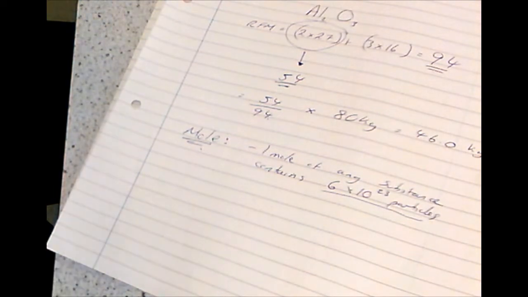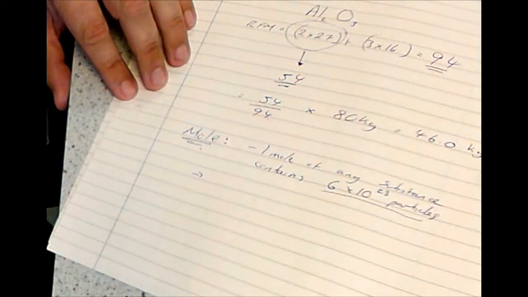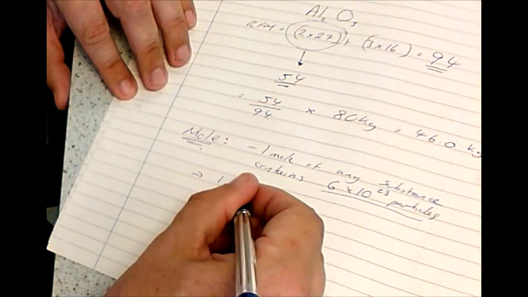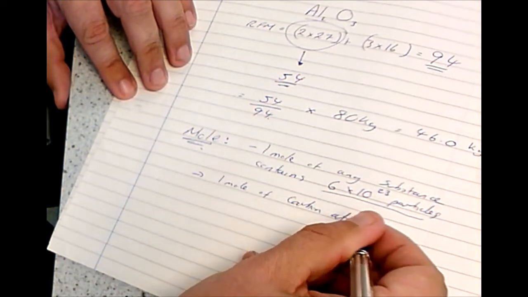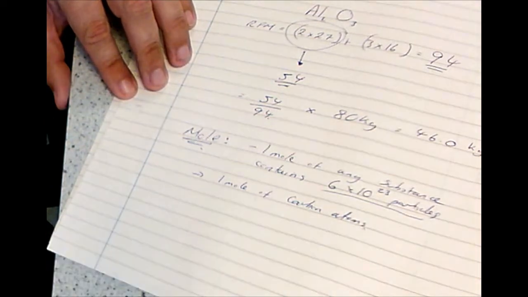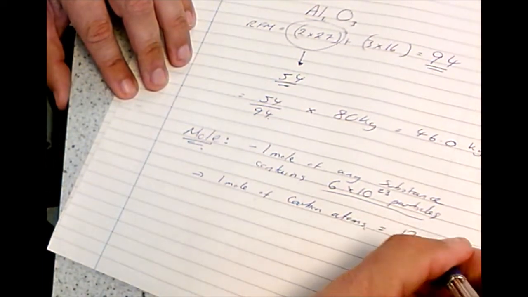Now, okay, it's a definition. It's there, but let's actually use it. Let's see what it comes up with. I'm more interested in finding out if I want to weigh 1 mole of carbon atoms, what does that really mean? So he's basically said 1 mole of carbon atoms is 6 times 10 to 23 atoms, weighs 12 grams.